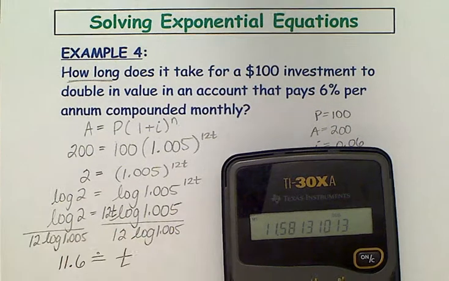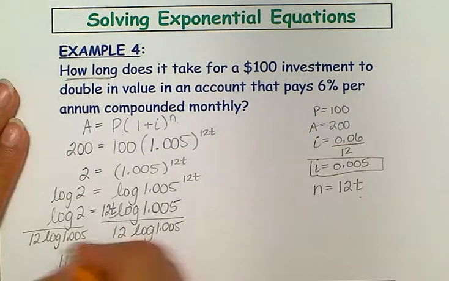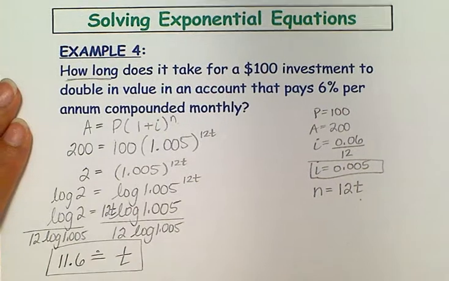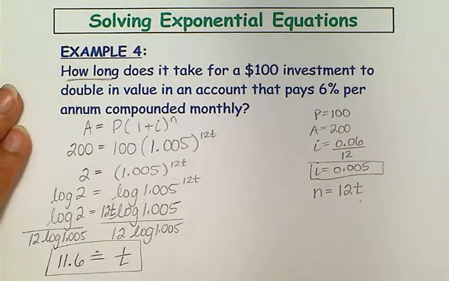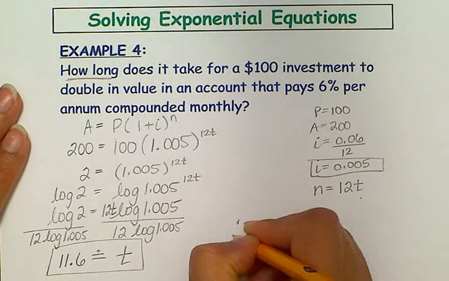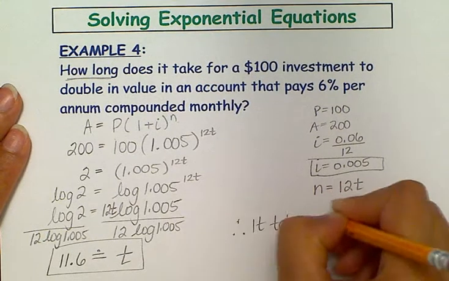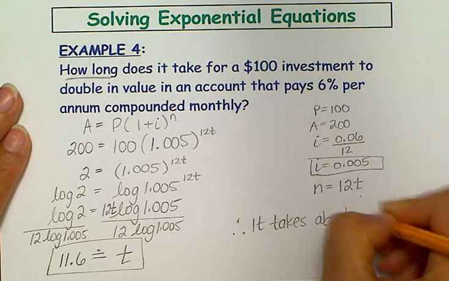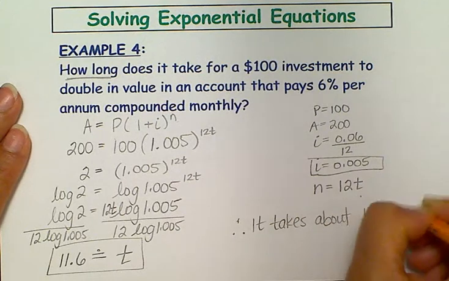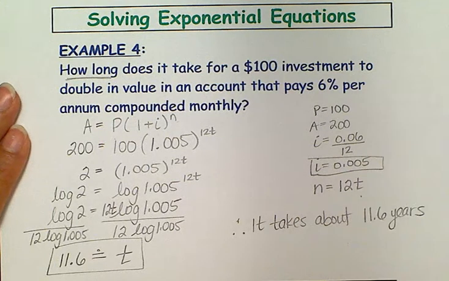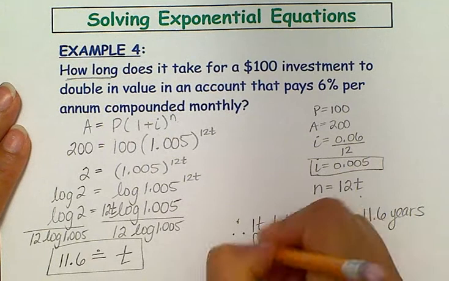Okay, so that's how long it takes roughly in years to double the investment. So therefore, it takes about 11.6 years for the investment to double in value.